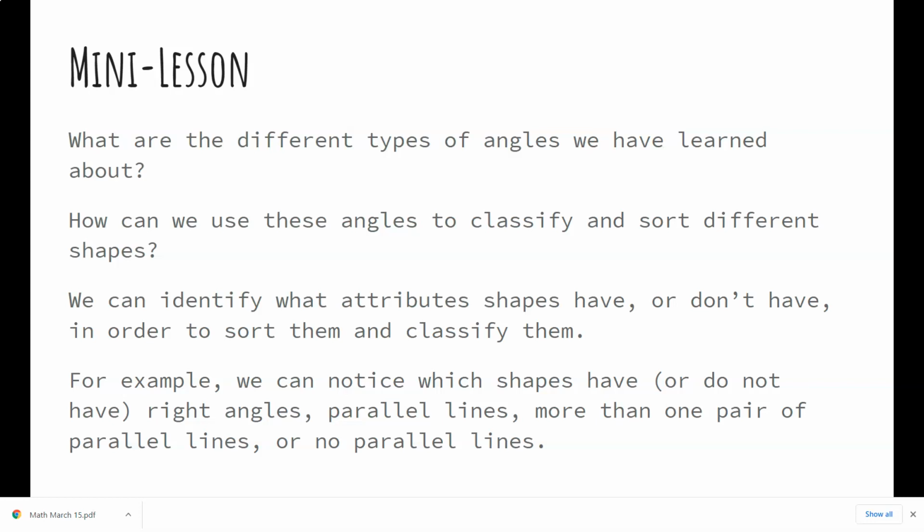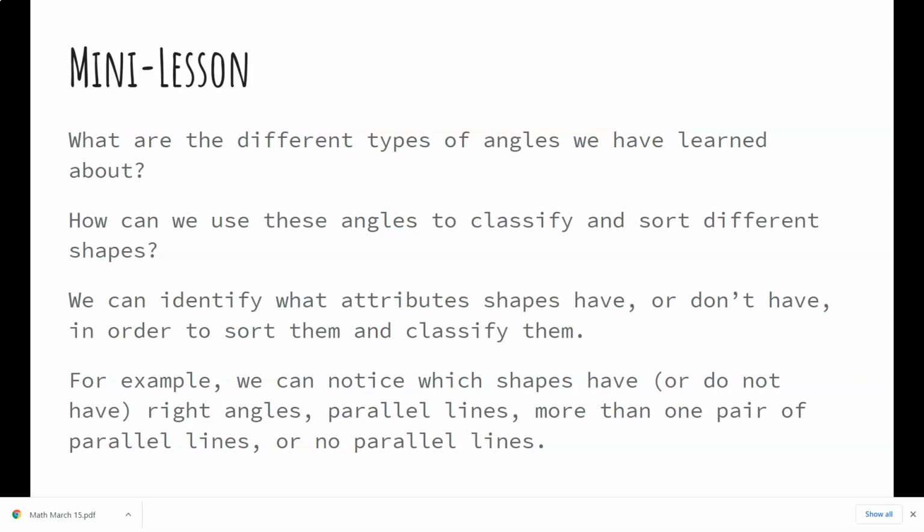So we can do this with different types of angles. We can also do this with some of those lines we learned about. We learned about parallel lines last week, and parallel lines are kind of like railroad tracks. They're lines that go on forever and will never cross each other. They're the same distance apart from each other at all times, like stripes on a shirt. We also learned about perpendicular lines, and those are lines that intersect, they cross each other at a right angle.